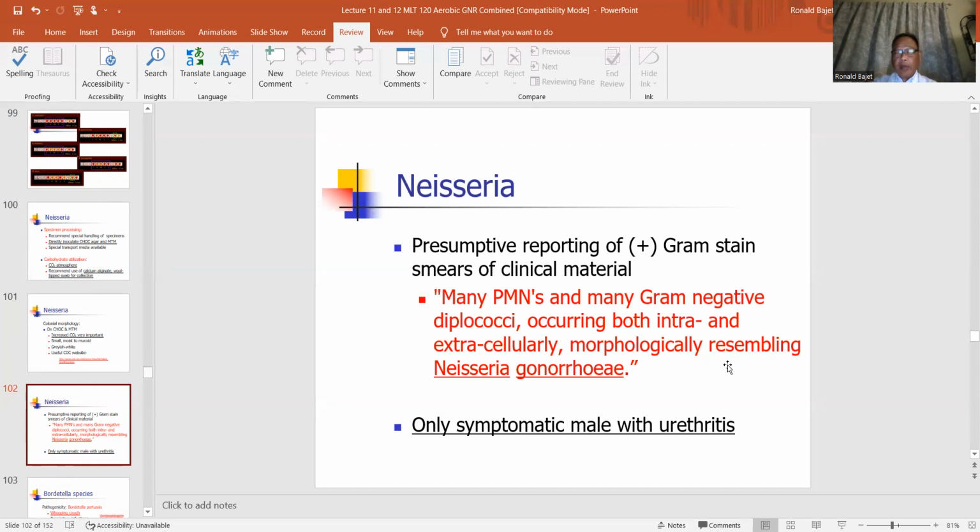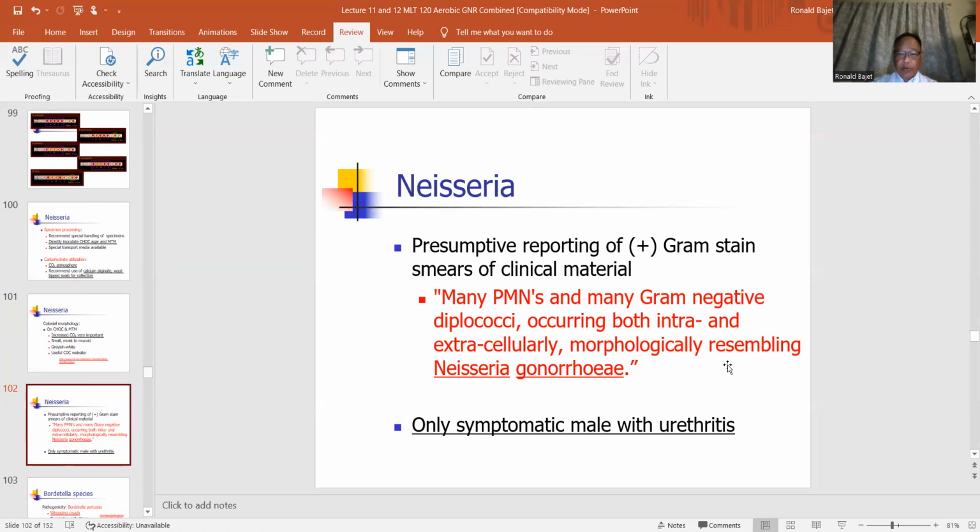It's kind of non-committal, but you're giving the idea that all indications point to Neisseria gonorrhoeae. But for legal reasons, I guess it's better to be safe: morphologically resembling Neisseria gonorrhoeae.